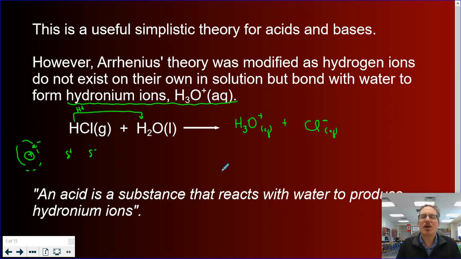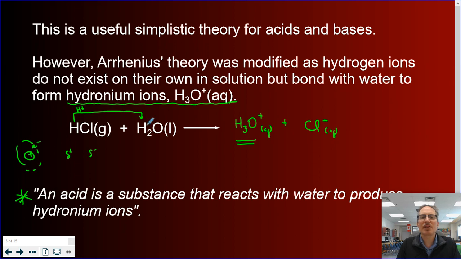Again, you will notice, although more complicated, Arrhenius would say, you know what, we have proven that HCl is an acid because we are left with hydronium ion, and that is the new definition. An acid is a substance that reacts with water to produce hydronium ion. Again, it is going to balance when we look.